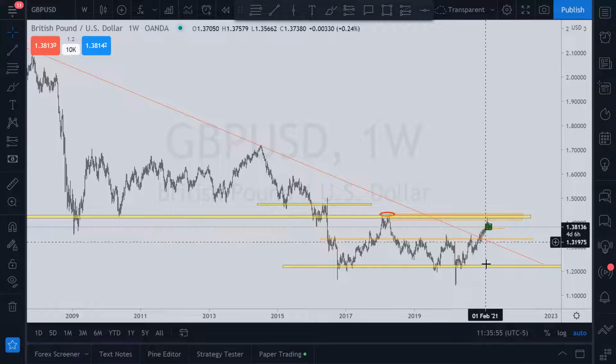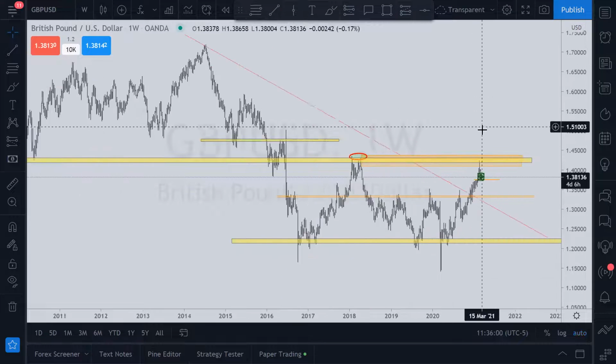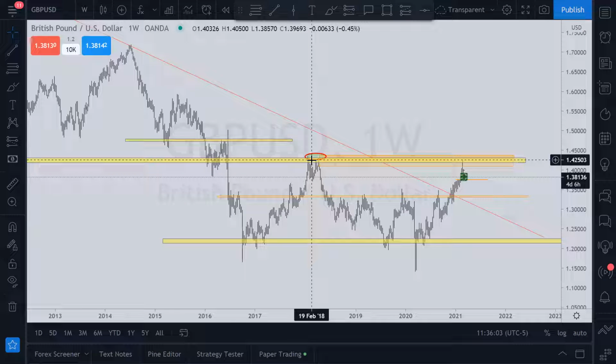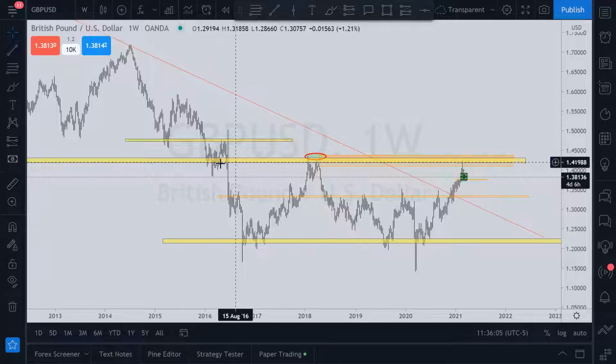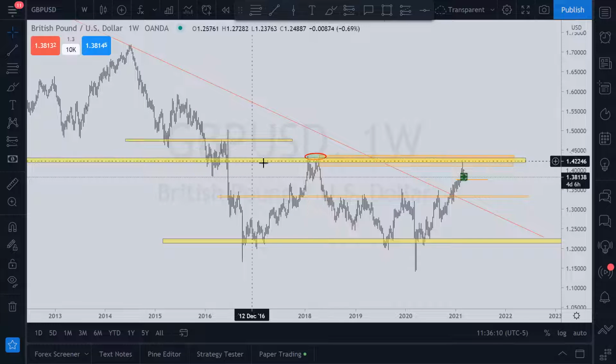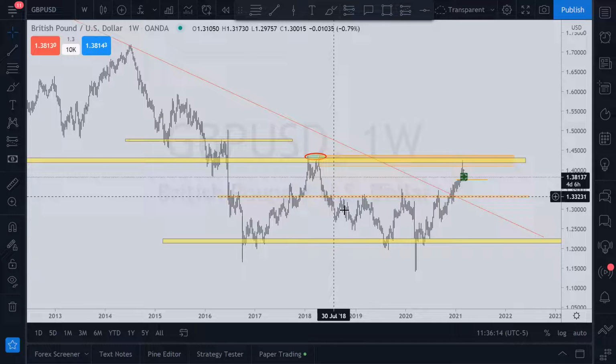We can expect some more bullishness, but we have run into an area of supply. You can see how price broke this area and then came back, retested it twice, double topping over here, and then had a strong reaction from that area.